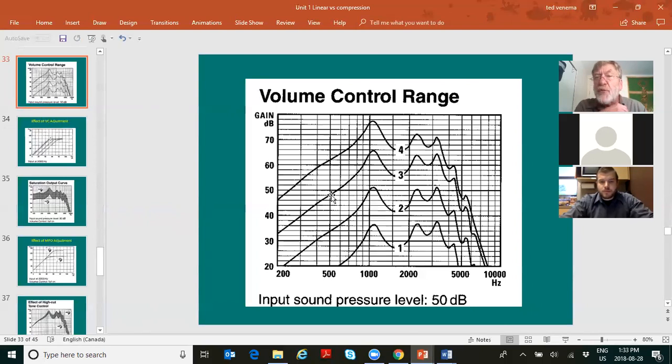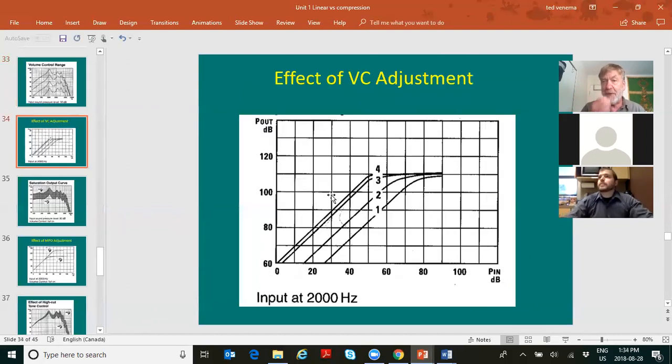Sure, frequency response graphs are easier. They're way more intuitive. You can just see it. Input-output functions are a little different because you have to understand that the frequency is 2,000 hertz, and as I go to the left, my gain is going up, and as I go to the right, my linear gain is going down.